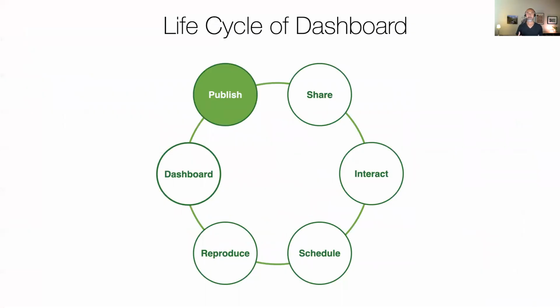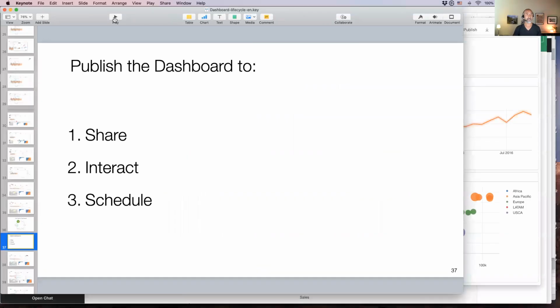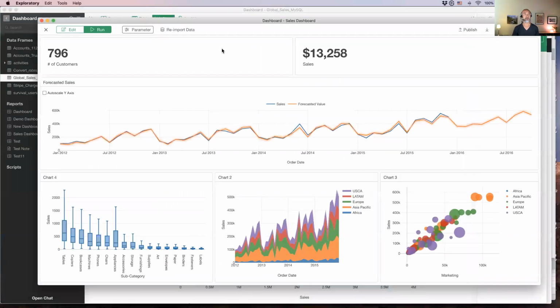You want to publish this dashboard for three main things: sharing with others, and also interacting with the dashboard, or more precisely, more often than not, you want others to interact with that dashboard. And then you want to schedule the dashboard so that the data in the dashboard is always up to date. Okay, so I'd like to do a demo on this.